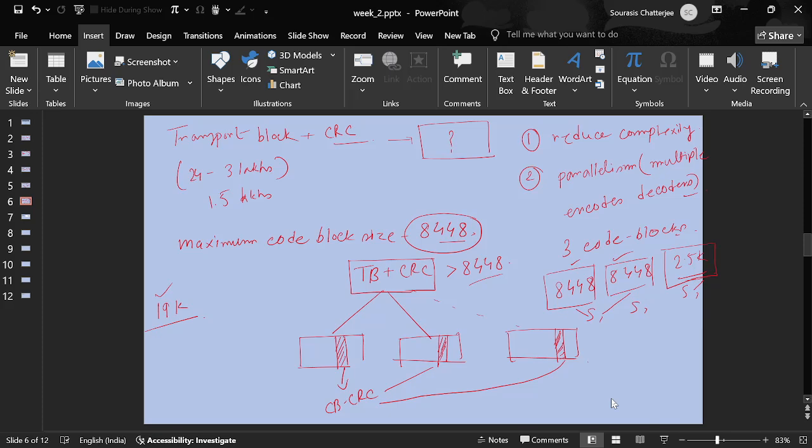The code block sizes should be the same. So all the code blocks should be the same size, so that they don't get stuck by the weakest one's performance, right? Yes. Correct.